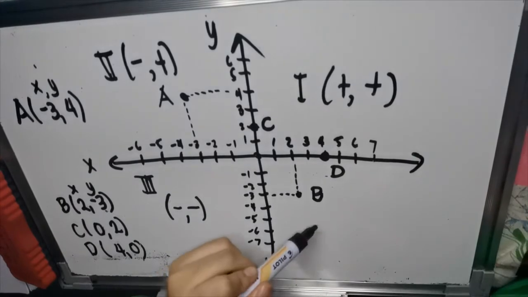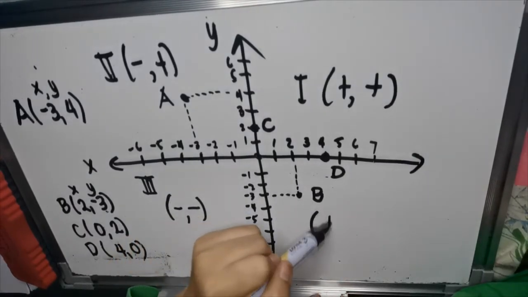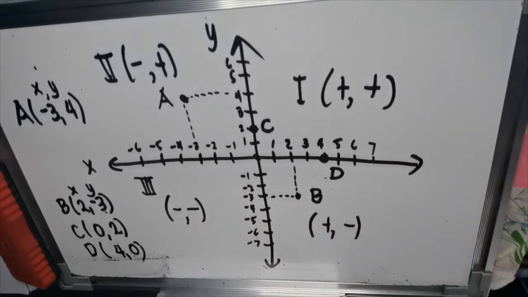And then sa quadrant 4, we have here positive x, negative y. Okay? So that is how are we going to plot points sa ating coordinate plane. Next. Ang pagpa-plot naman ng ating points sa Cartesian plane natin, actually naituro na yan nung grade 7 kayo. So this is just a recall na ginagawa natin.